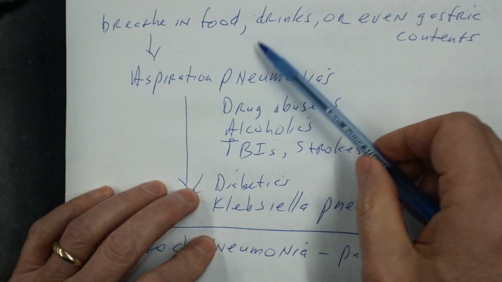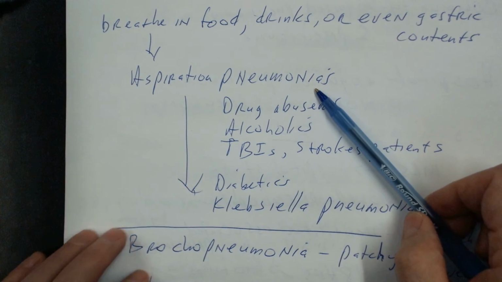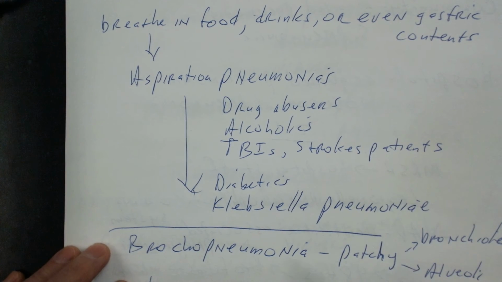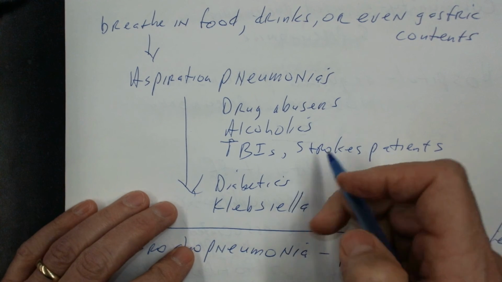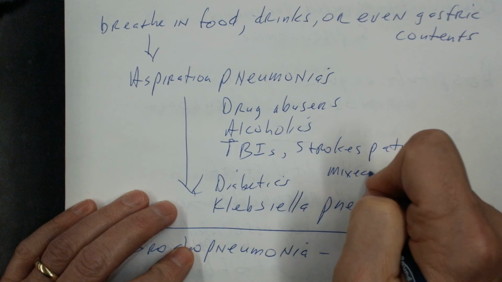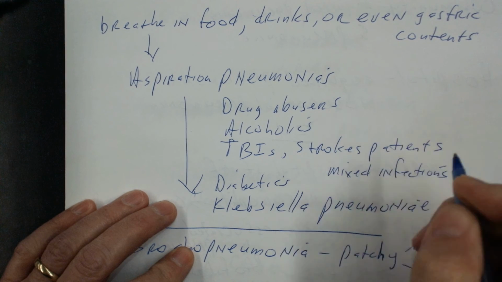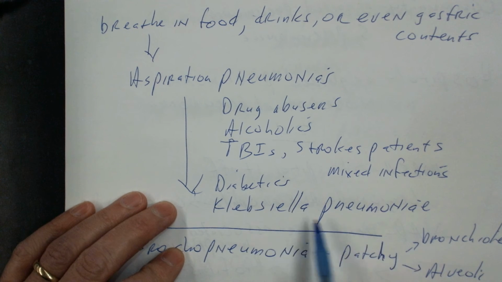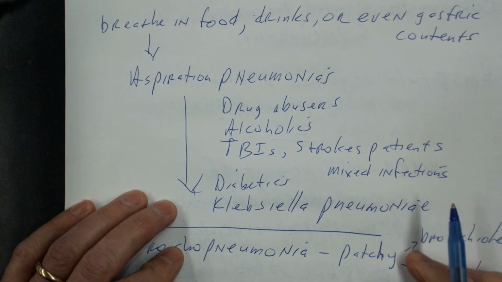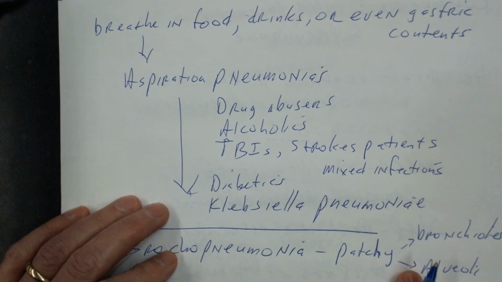So if they breathe in food or drink or even gastric contents, they can suffer from aspiration pneumonias. These types of pneumonias tend to be mixed infections. However, if your patient's a diabetic, the most common cause of aspiration pneumonias in diabetics is Klebsiella pneumoniae. So treatment of these is a challenge sometimes.